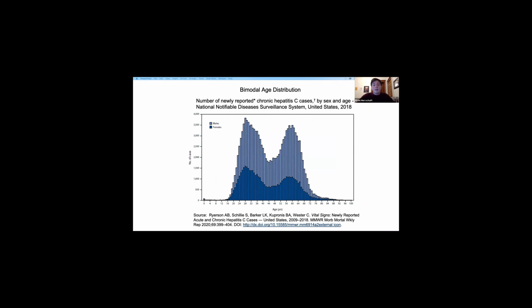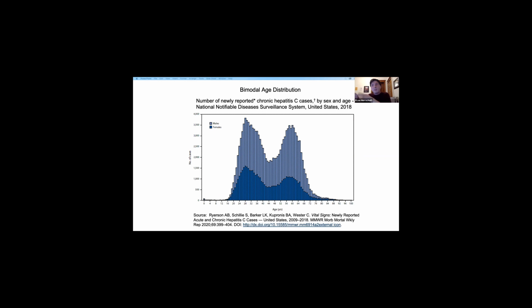And besides the racial differences, we also see age differences, particularly an interesting bimodal distribution. So we see that new cases or newly diagnosed cases of hepatitis C are pretty high in the younger populations. And we usually attribute this to young people currently injecting drugs.